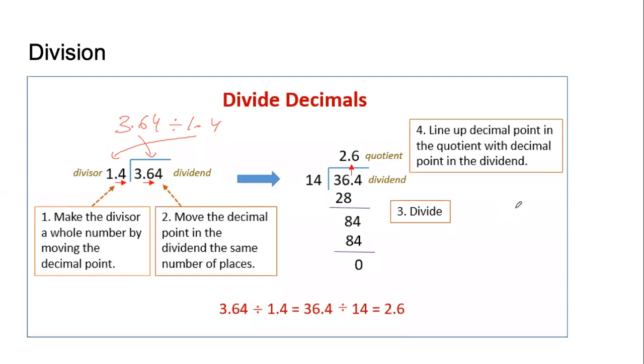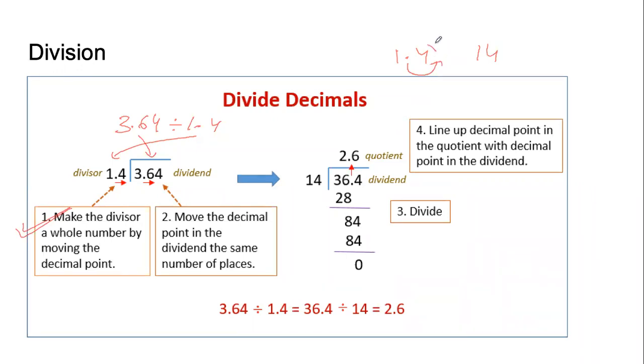We will divide 3.64 by 1.4. And the easy way is, when both have decimals, remove the decimal from one of them. From which one? Remove the decimal from the divisor, from 1.4. Now you cannot forget, if we remove the decimal from 1.4, what will it become? 14. But when can this happen? When we move the decimal point 1 place towards the right.